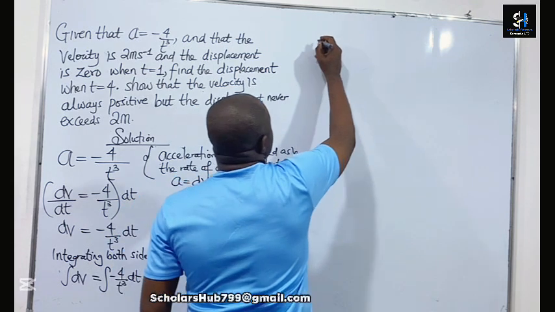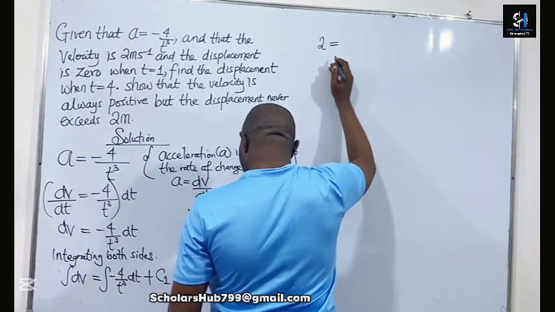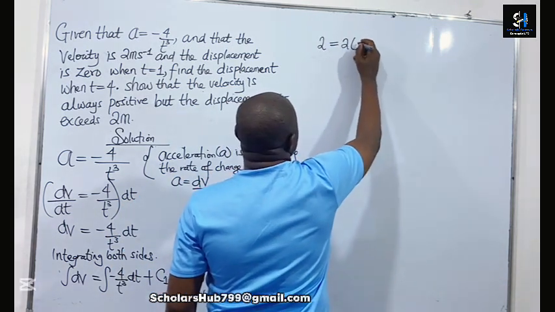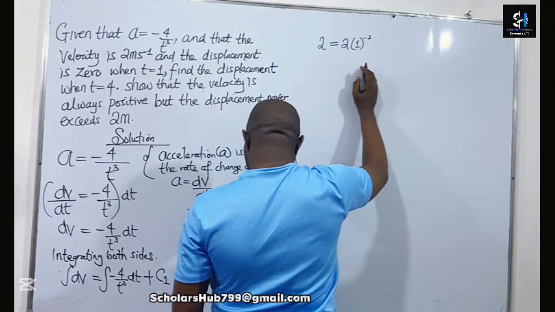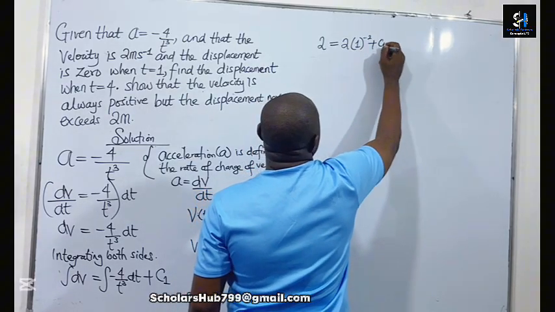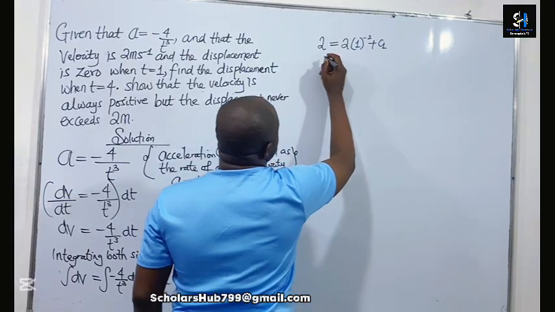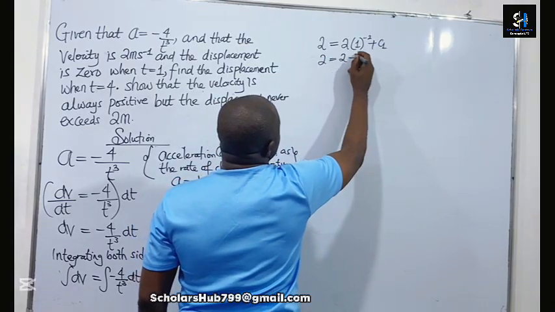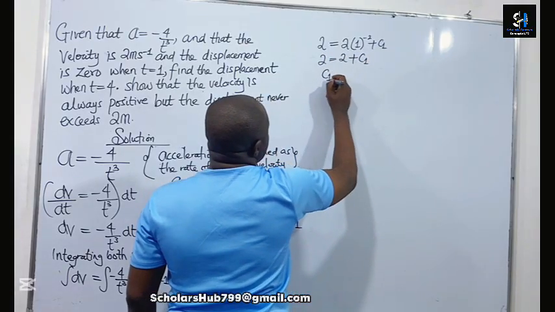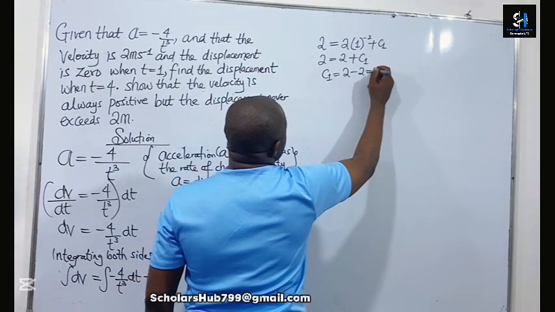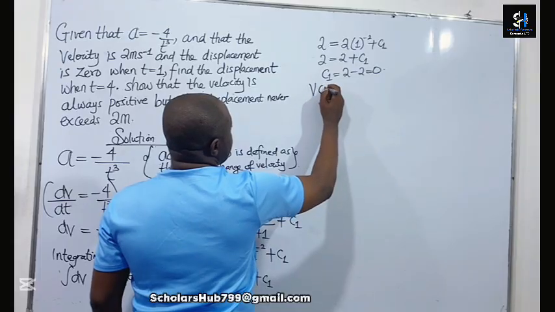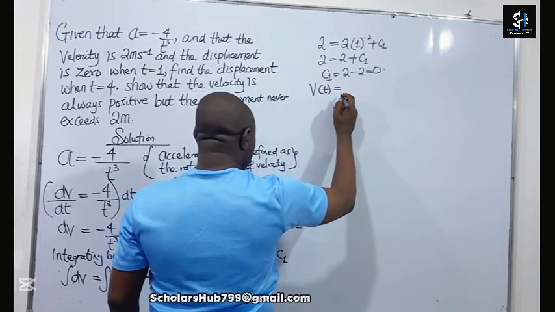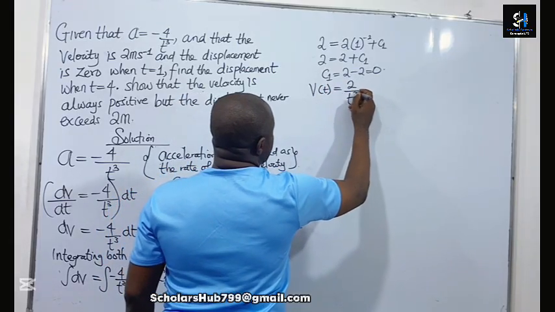So it means that we're going to have 2 equals 2 into 1 raised to the power of minus 2 plus c1. So this will be 2. So we have 2 equals 2 plus c1. So that c1 will be 2 minus 2, which is 0. So which means the velocity function will be 2 over t squared.